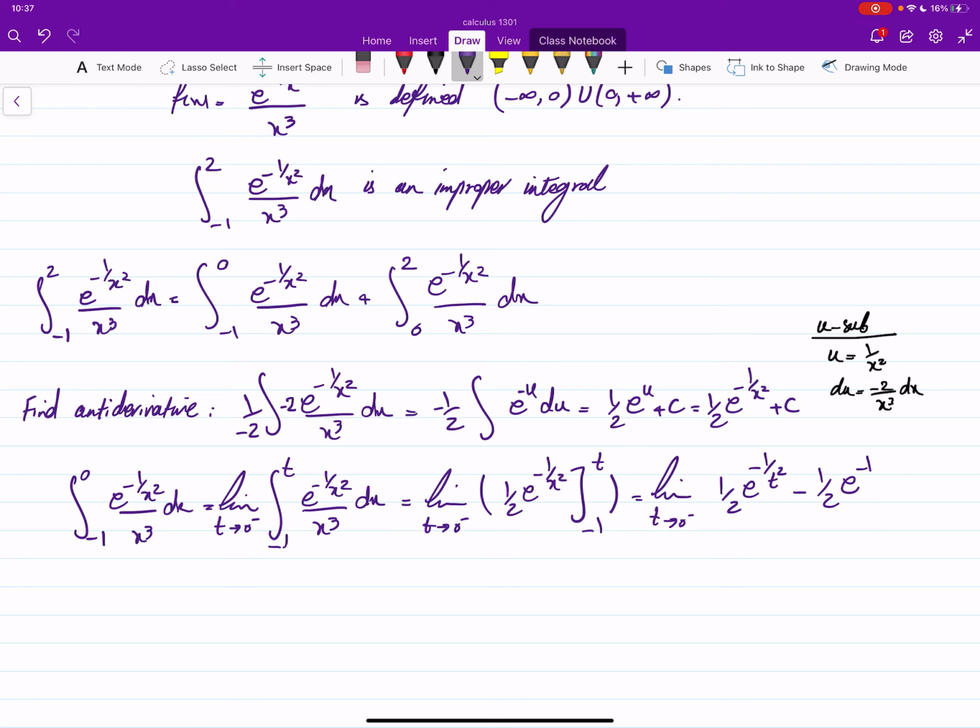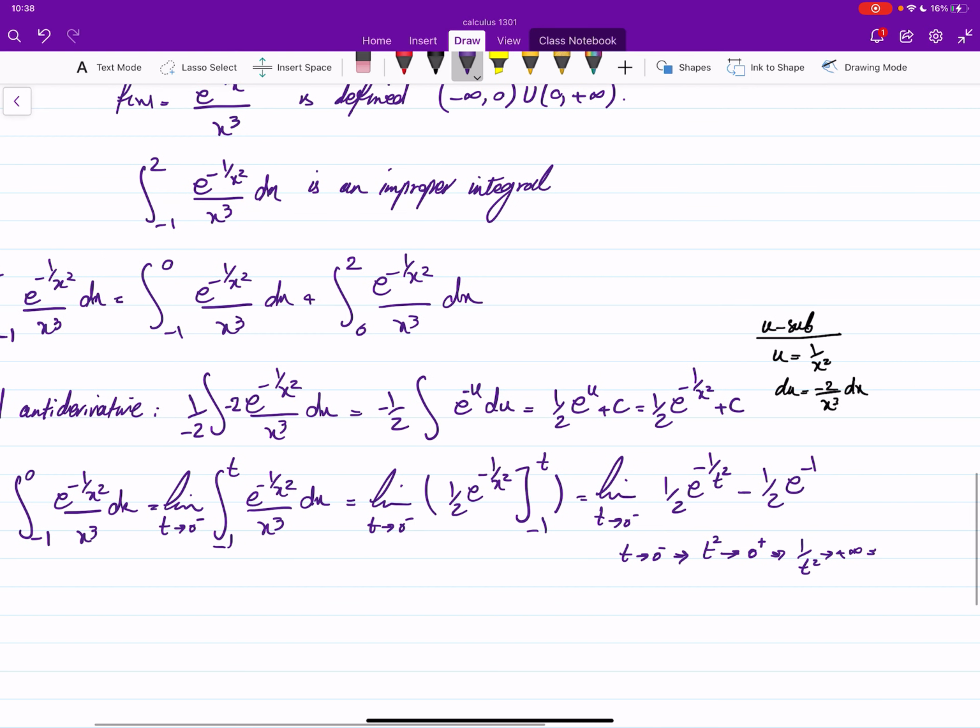Okay, now as t goes to 0 from the left, t squared will go to 0 from the right. Then 1 over t squared will go to plus infinity. And then negative 1 over t squared will go to negative infinity.